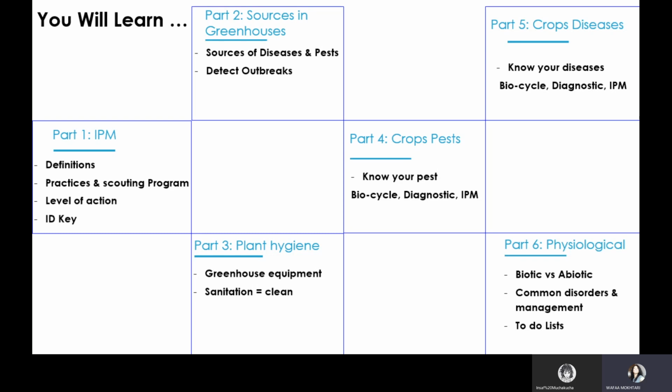Part 2 is about sources in greenhouses. Actually, many diseases and pests pop up from anywhere. They call them outbreaks.